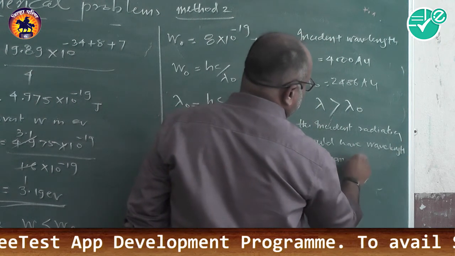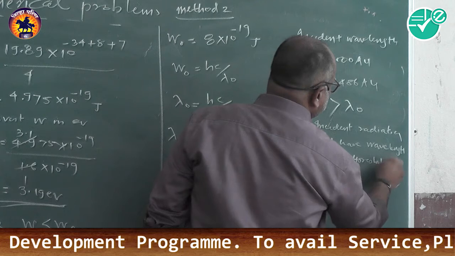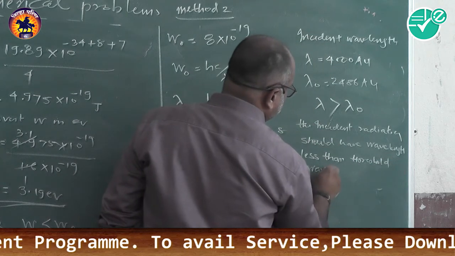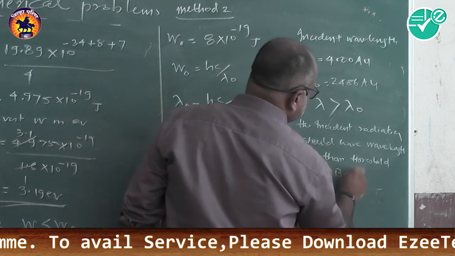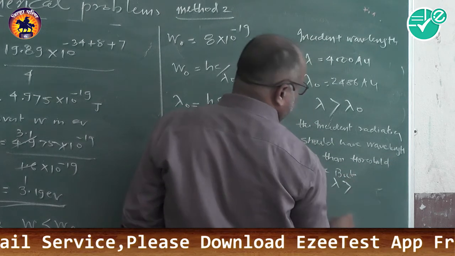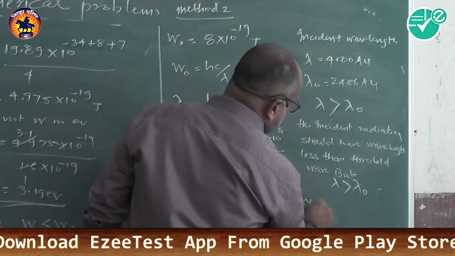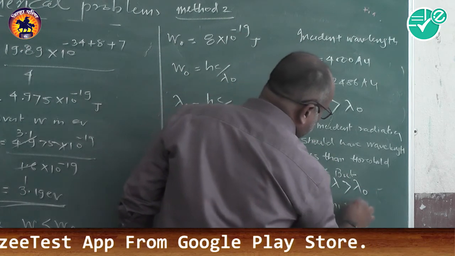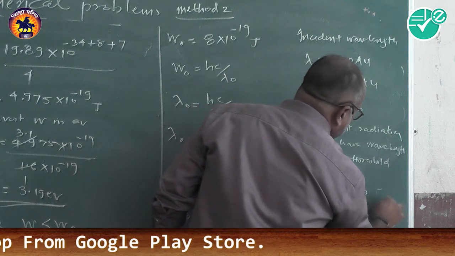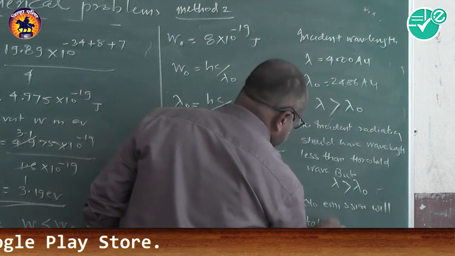Here the incident wavelength lambda is greater than lambda 0, so no emission will take place.